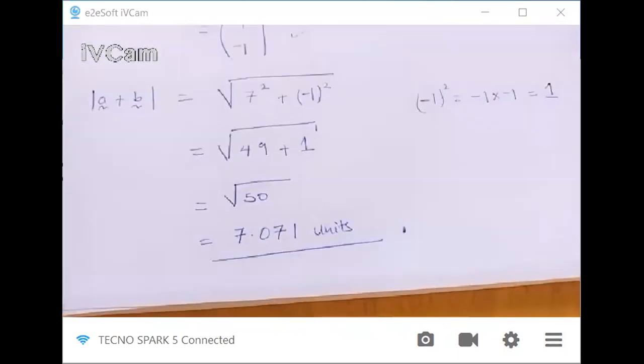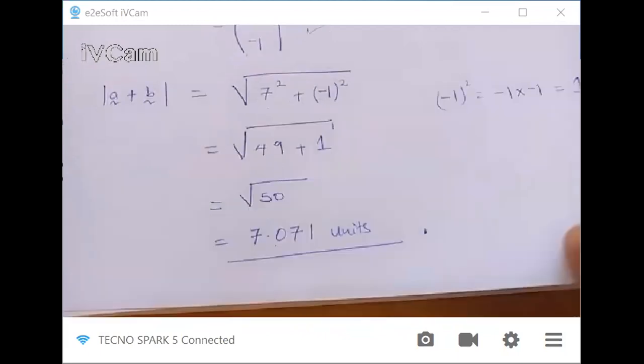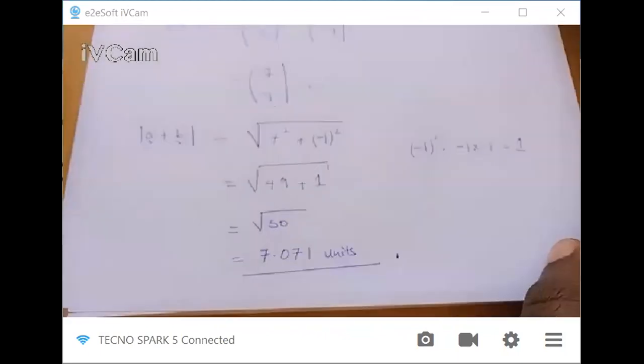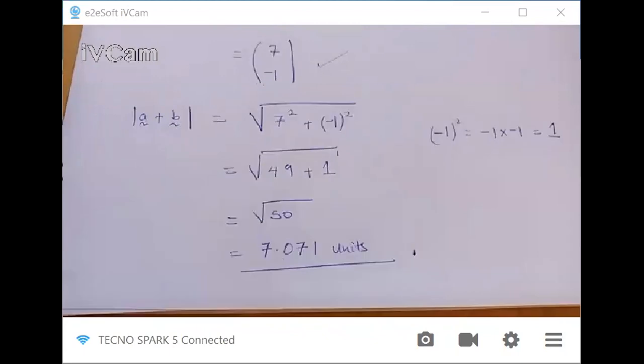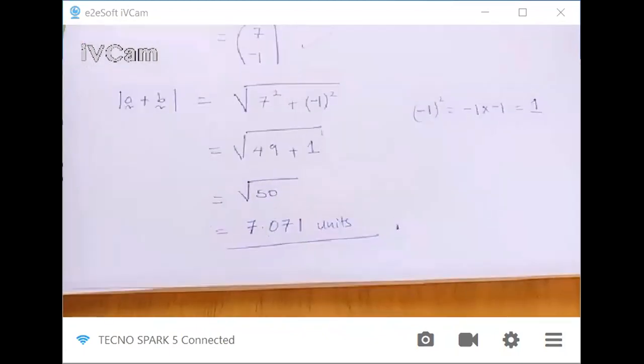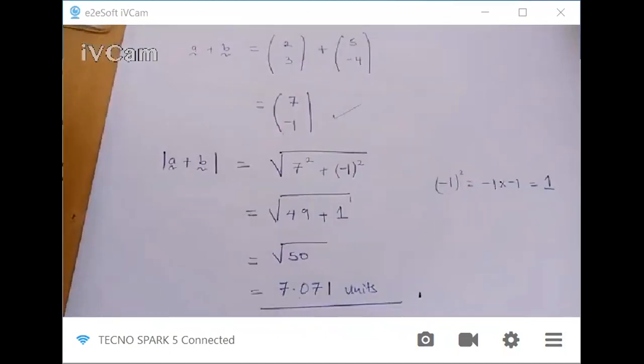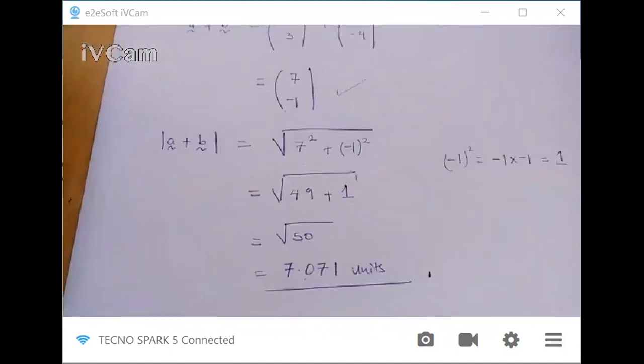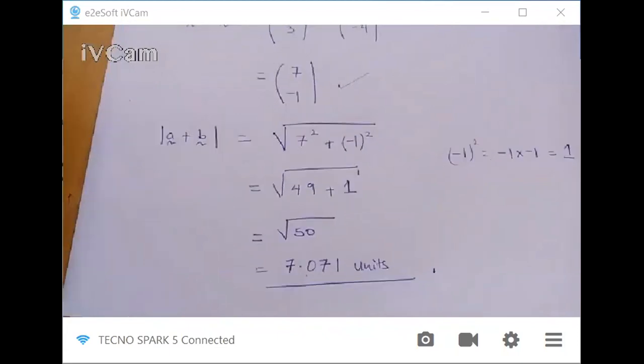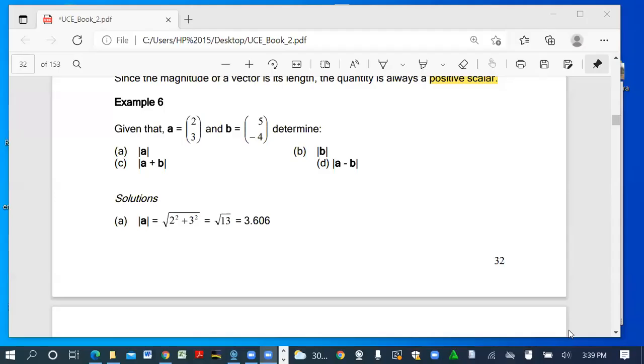So there we write only 2 decimal places, that is enough. And that will be the answer of part C. Yeah, that was part C.